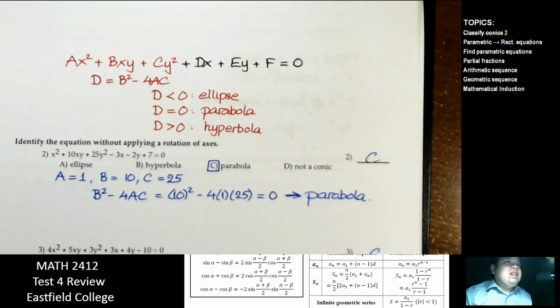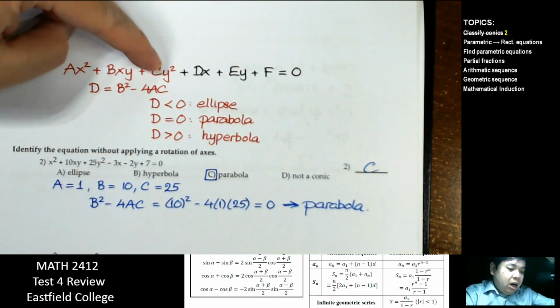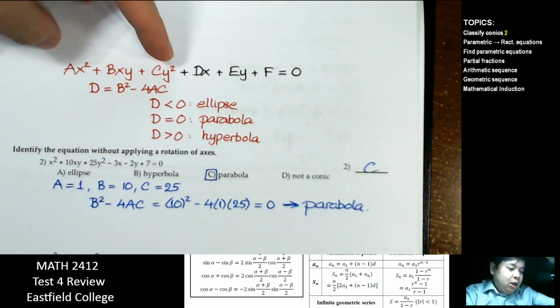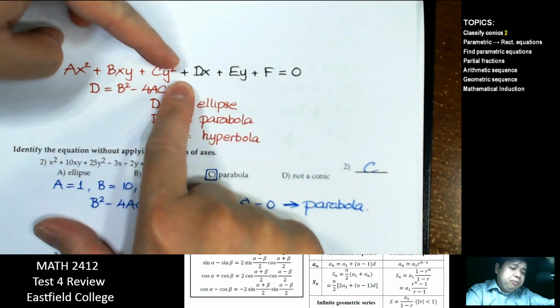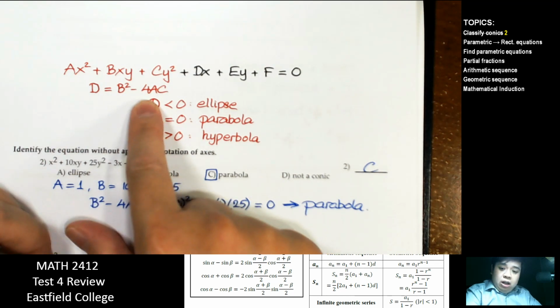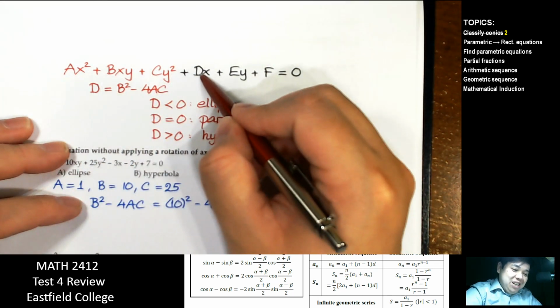this stuff down. Anyway, so to classify conics, the equation like this, only the coefficients for x squared, xy, and y squared are important, and we find the discriminant. Remember that. Notice that D is not really this D, so that's confusing.